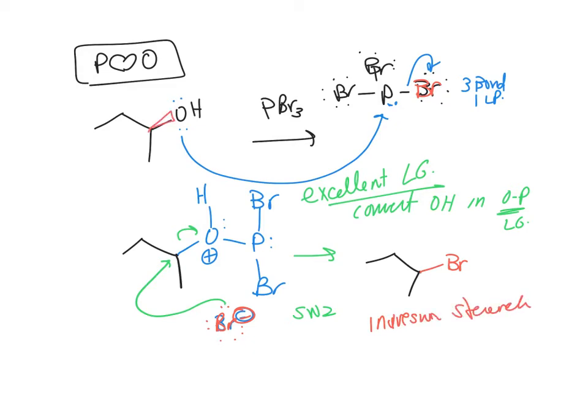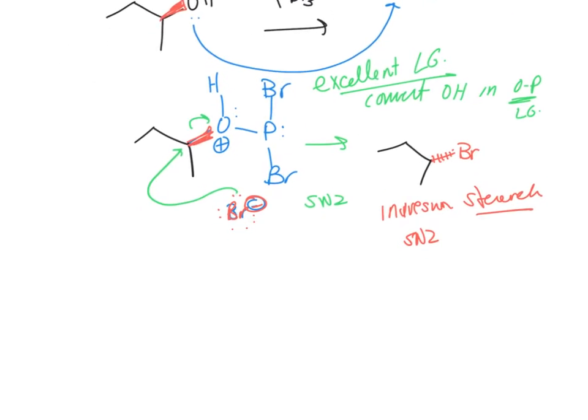So if you have this alcohol coming at you, then the bromide is going to go away from you, because it's a backside SN2 attack. So keep in mind you do have stereochemistry there. Now thionyl chloride, you don't have inversion. You actually have more of a retention of stereochemistry. The mechanism is still somewhat controversial. So if you have thionyl chloride, and this is what thionyl chloride looks like, this would be your reagent of choice for your alkyl chloride.